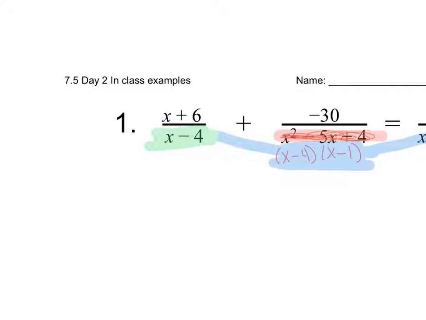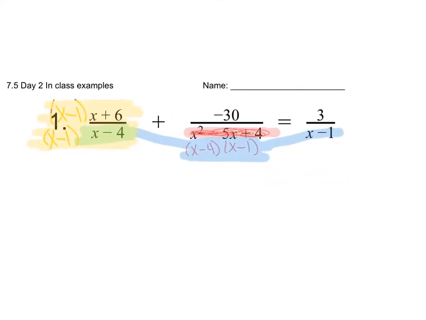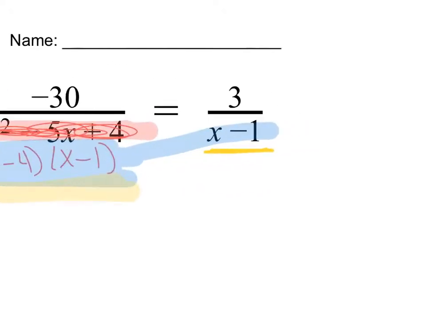So, just like we did before, I'm going to multiply the top and the bottom by x minus 1 of just this one. Then in my middle part here, I've already got x minus 4 and x minus 1, so I don't have to do anything. And then on the right, I have x minus 1, but I'm missing x minus 4, so I just need to multiply the top and the bottom by x minus 4.